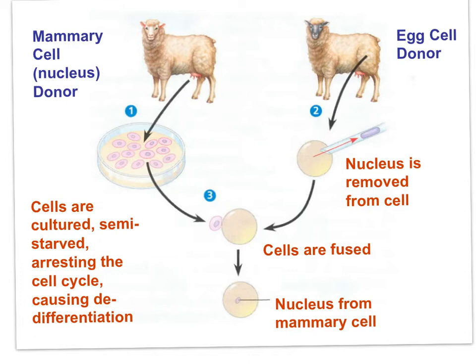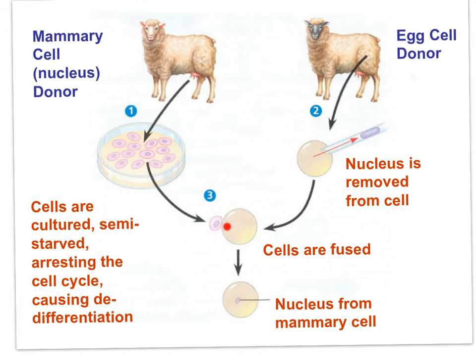The technique for cloning using differentiated cells begins with 2 donor cells. One cell is differentiated. It has a specialized role in the body. And in this case, it's a cell from the mammary gland of this adult sheep. And the other cell is an egg cell, but the nucleus has been removed from the egg cell.